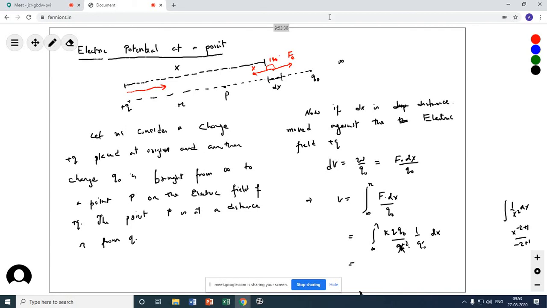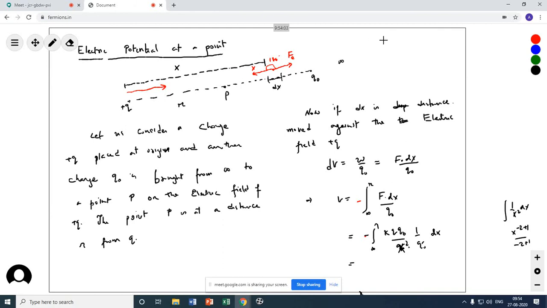Is it 180 degree? So if it is 180 degree, that means there should be a minus sign here, right? There should be a minus sign. So I hope you understand from where this minus sign is coming, because force and displacement, they are in opposite direction. Although you are applying the force, but your force is the force which you apply.